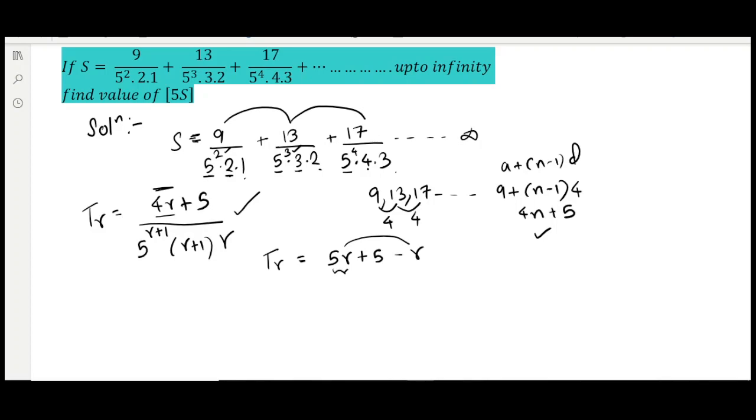Because from this we can take 5 as common, and we have 5 here that can get cancelled. So we have written this in this form. Then take 5 common. This will be r plus 1 minus r, and split the denominator.